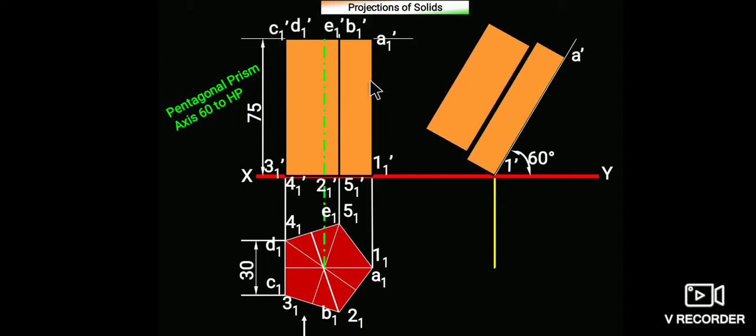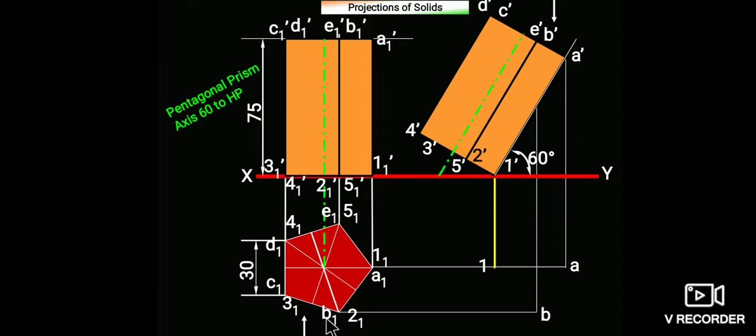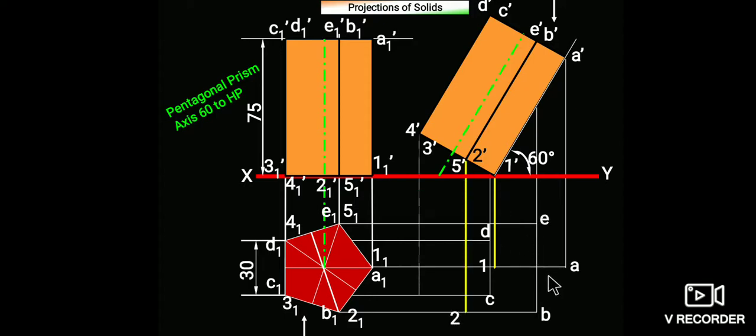So redraw this rectangle at an angle of 60 degrees and take projection as we discussed earlier, from the respective points. A dash, vertical line from point A dash, horizontal line from point A1, both will meet at point A. Similarly, projection lines from B dash, B1 B, then C1 C, D1 D, E1 E, 1, 2, 3, 4, 5, and so on.